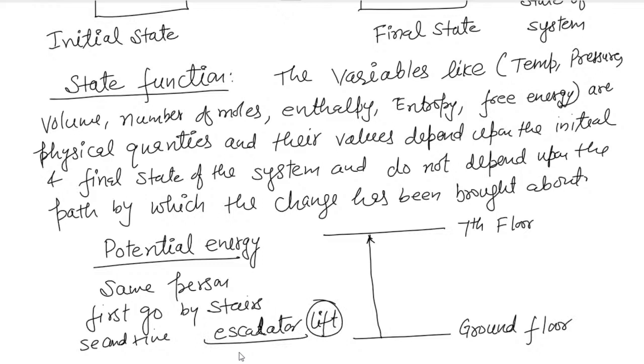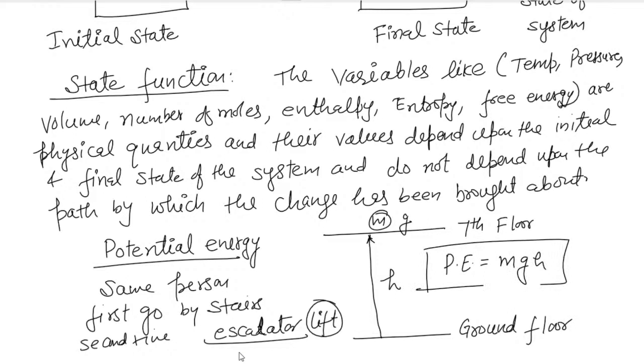I will write lift. So tell me, if height is h, mass of the person is m, acceleration due to gravity is g, so potential energy remains the same. To calculate potential energy, you have to know mass, acceleration due to gravity, and height. How this height is achieved is not counted, that is immaterial. Got it?